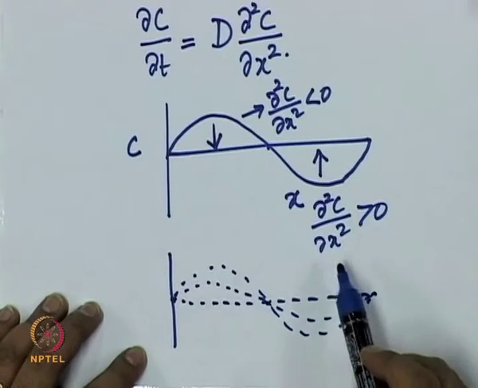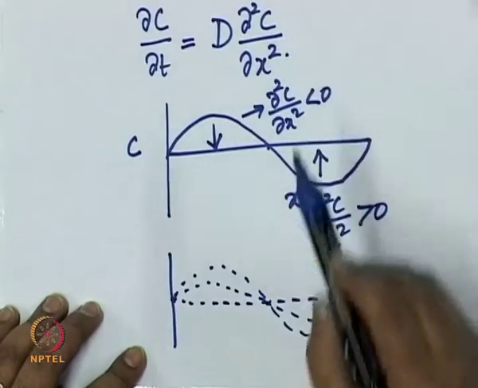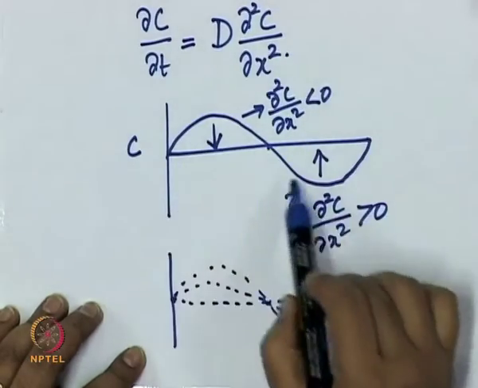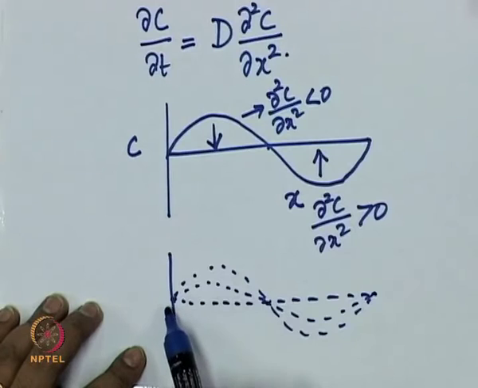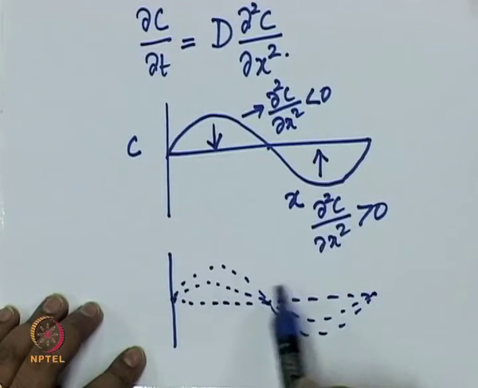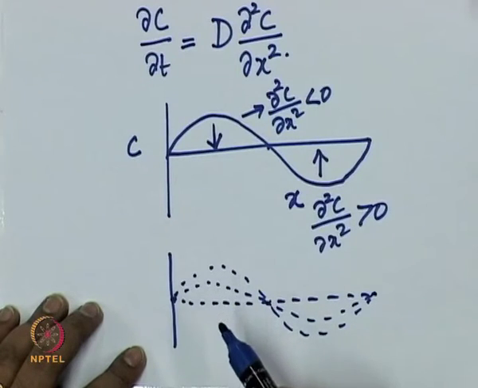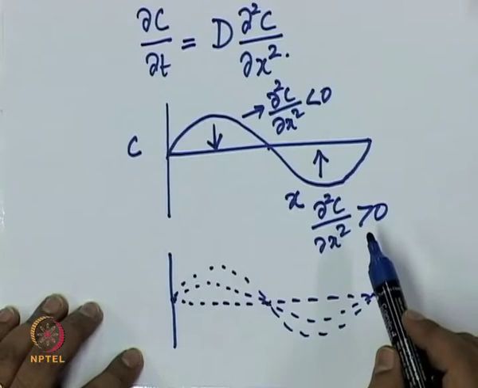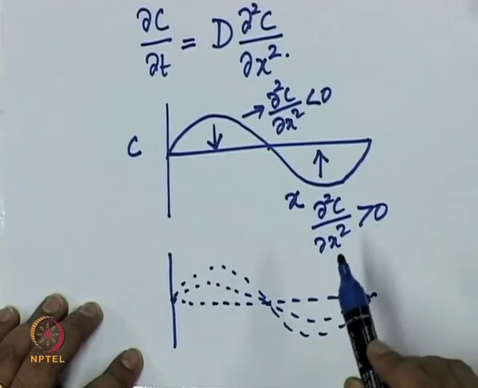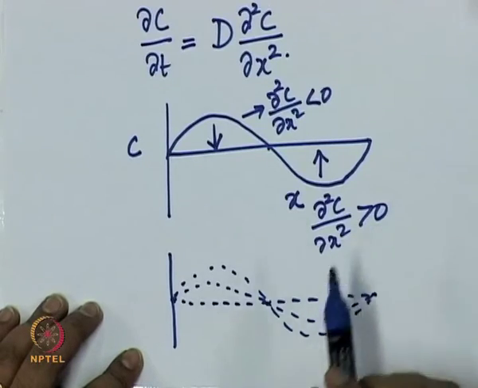In other words, this equation is telling that if you have any compositional heterogeneities, they are all going to get evened out and the system is going to become more homogenized. Okay. So, this is the physical meaning of the so called second law of diffusion. It says that compositional changes, if they exist, they will get evened out.